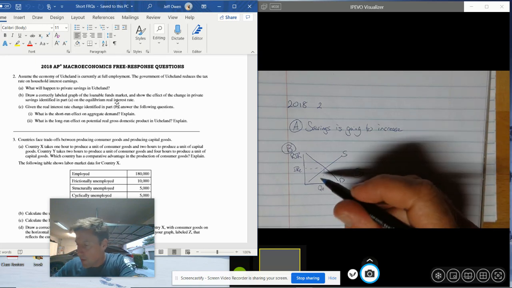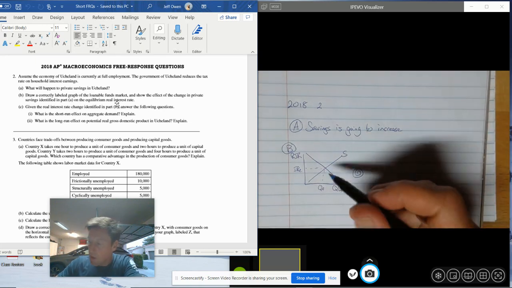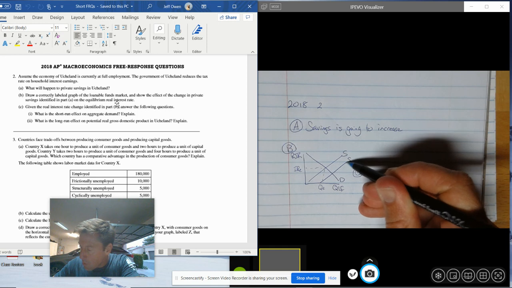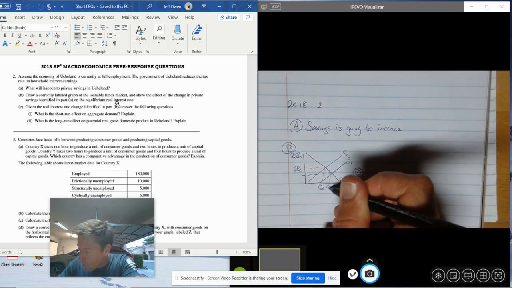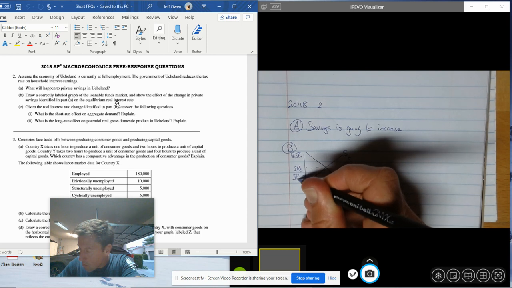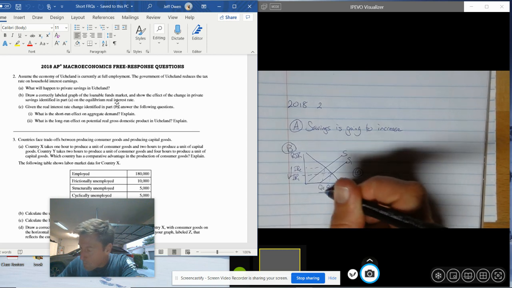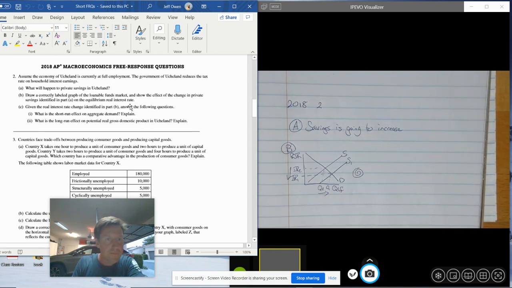So in this case, if there's an increase in savings, there's going to be an increase in the supply of loanable funds. Okay. So double check the shifters of loanable funds market. They've been using this one a lot lately.